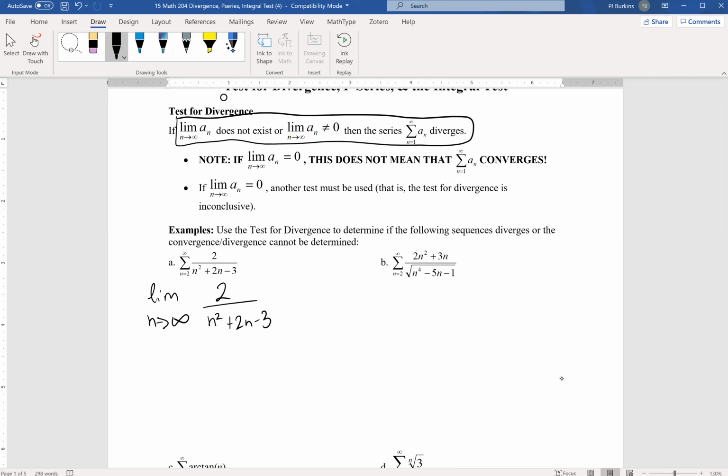And you could do this a couple different ways. If you really want, you could divide through by n squared if you don't like the way that it looks right now. So when I do that, what happens?